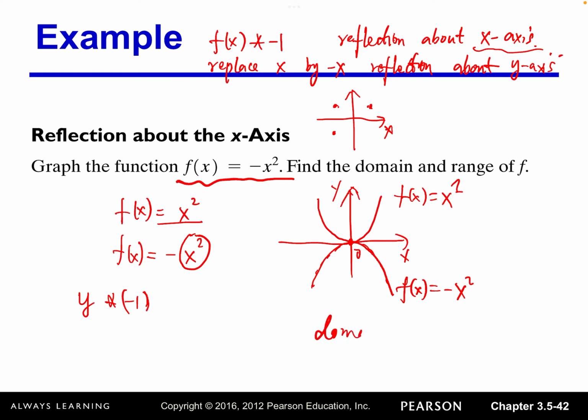Domain and range: since this is a y change, x remains the same, right? So the domain will be all real numbers, right? Range: the original square function is 0 to positive infinity, right? Multiplied by -1, that's -infinity to 0. You can tell from the graph also, right? The highest value of y is 0. The lowest value is -infinity.